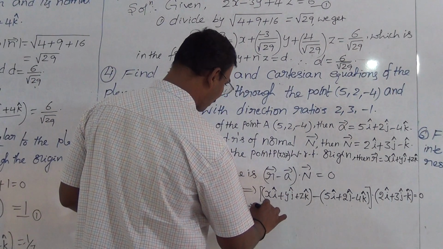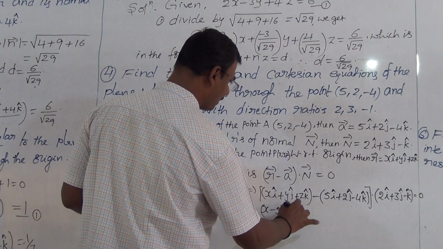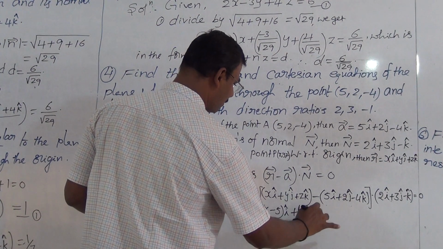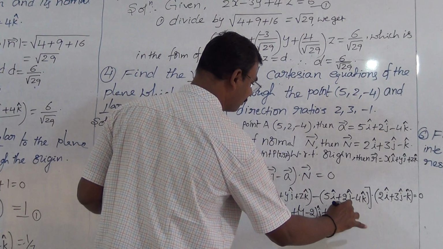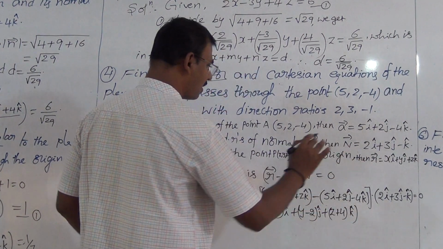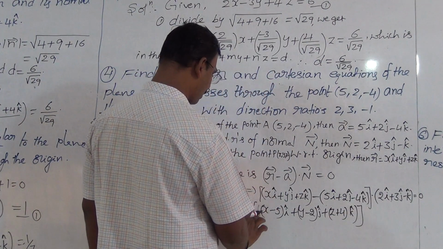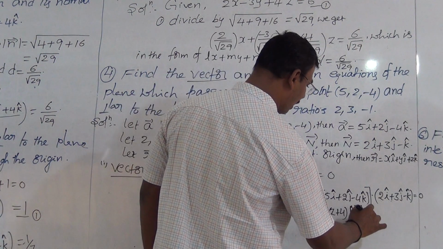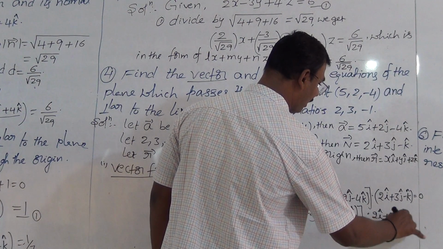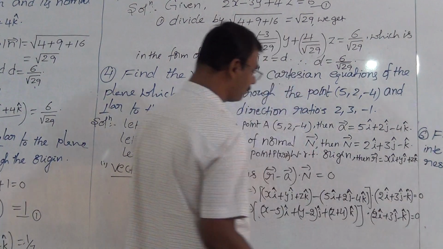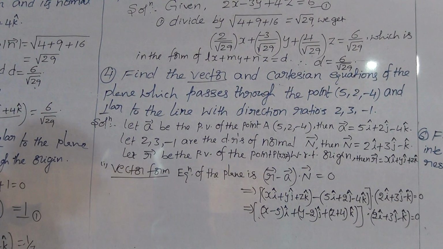How to write this one? (x minus 5) i cap plus (y minus 2) j cap plus (z plus 4) k cap, dot 2i plus 3j minus k equals 0. Okay, this is called the vector form, the vector equation of a plane.